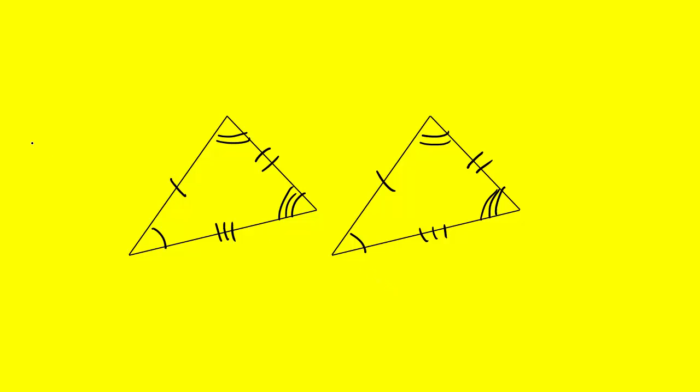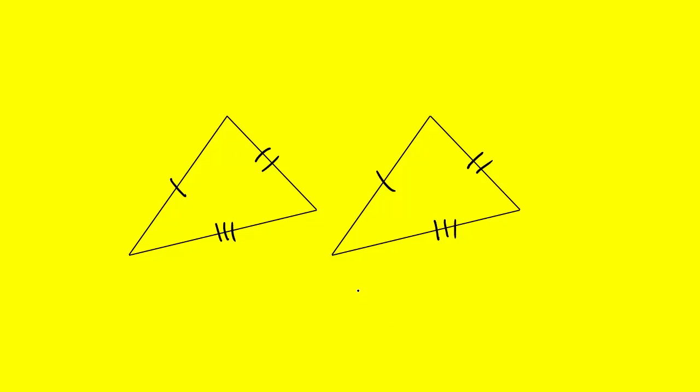But what SSS lets us know is that I don't need all this information. All I need to know is this, that 3 pairs of sides in one triangle are congruent to 3 pairs of sides in another triangle. That's all I need to know.